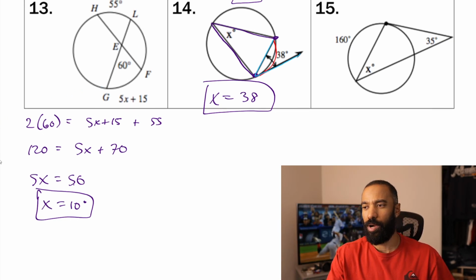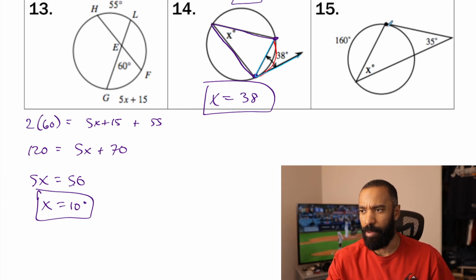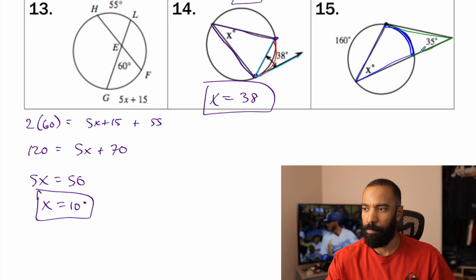Okay, and last one, number 15 right here. I have this x with an inscribed angle with this intercepted arc. On the other hand, I have this outer angle right here that goes out to this intercepted arc of 160 and the smaller intercepted arc right there, which we don't know.